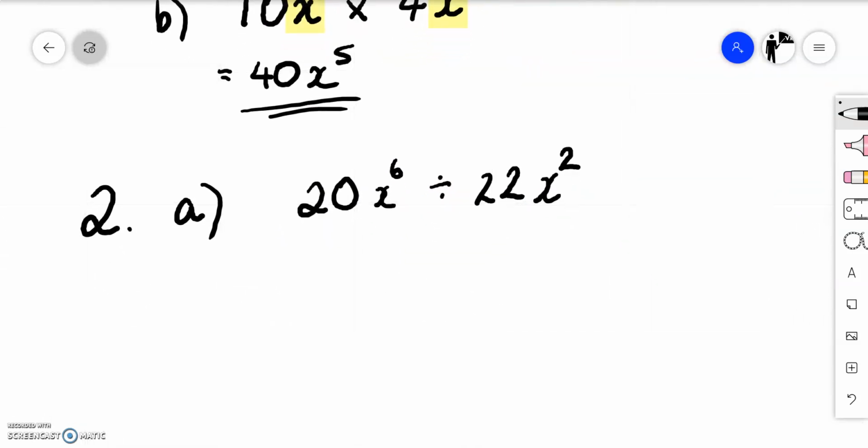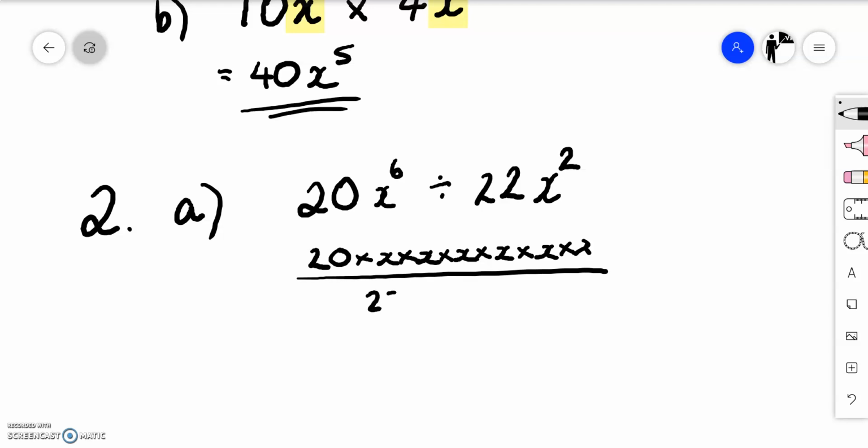Okay, let's have a look at this question. 20x to the power 6 divided by 22x squared. Once again, I'm going to do this the long way. I'm going to actually write this as a fraction. 20 times x times x times x times x times x times x, I think. What have we got? 1, 2, 3, 4, 5, 6. And that's over 22 times x times x.